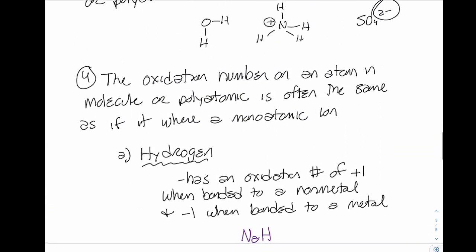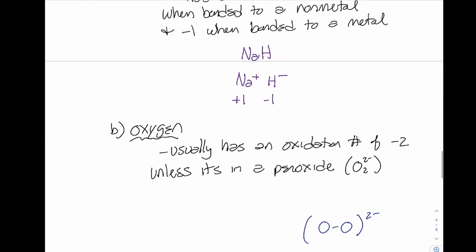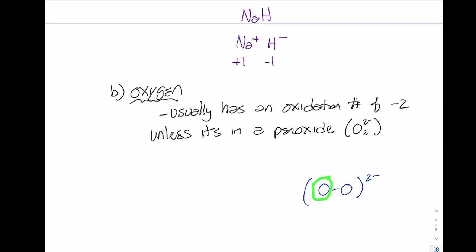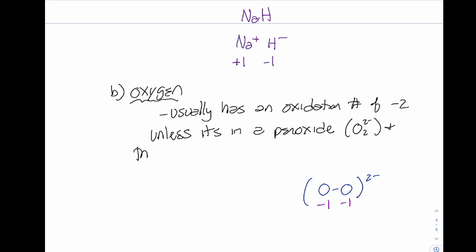If we go back up to rule number 3, we know that when we add the oxidation numbers for the 2 oxygens together, they have to equal the net charge. So when I add the oxidation number for this oxygen to the oxidation number for this oxygen, it has to equal -2. So that means that each oxygen has to be a -1. So oxygen usually has an oxidation number of -2 unless it's in a peroxide, and then it is -1.